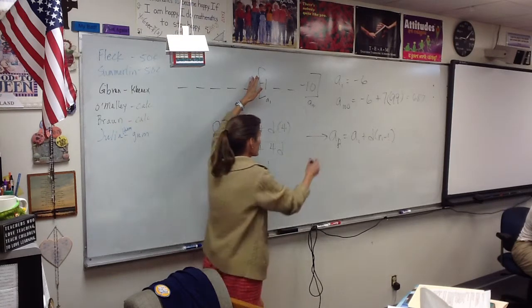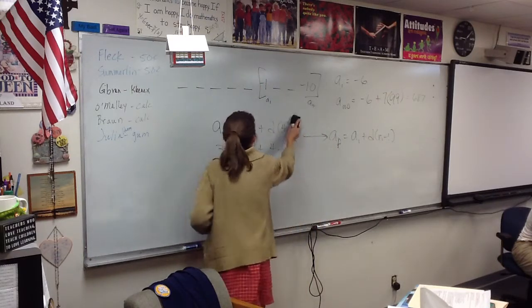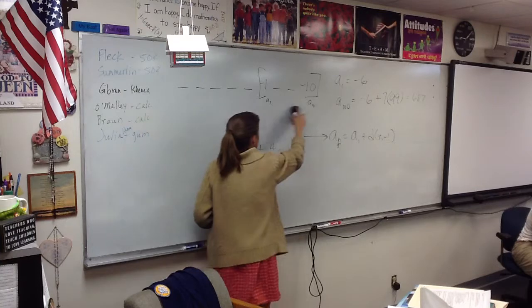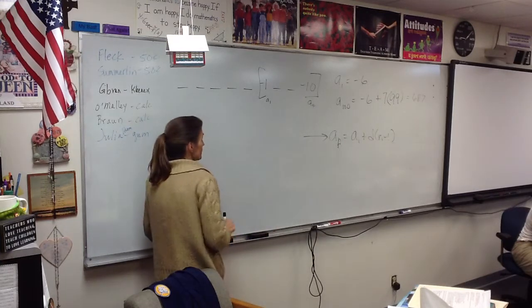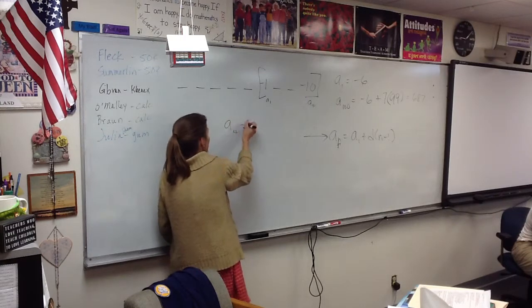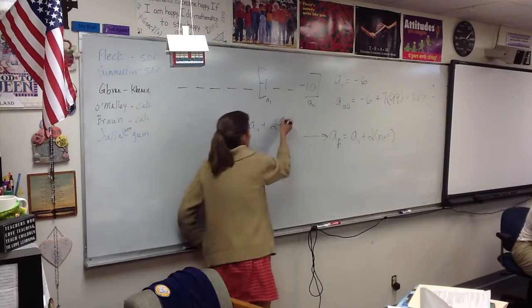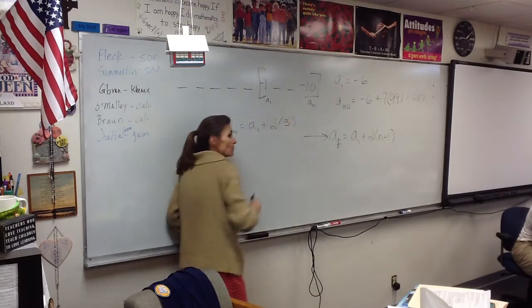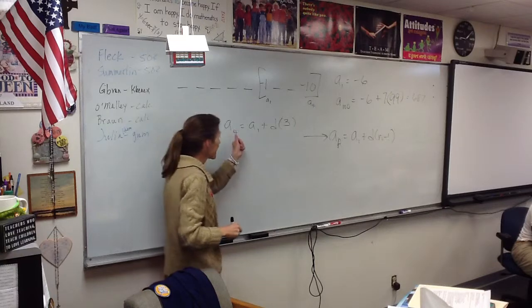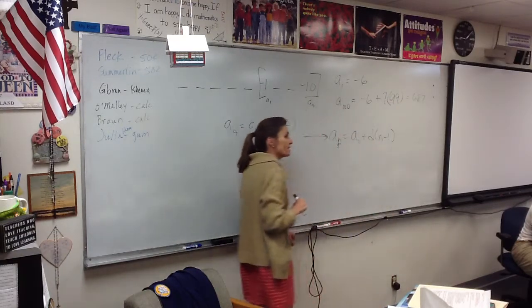Now I'm going to write an equation using this formula, using the first and the fourth, those are the only two I know. I'm going to say the fourth term equals the first term plus the common difference times what? 3. And we got 3 because n is 4, so n minus 1 would be 3.